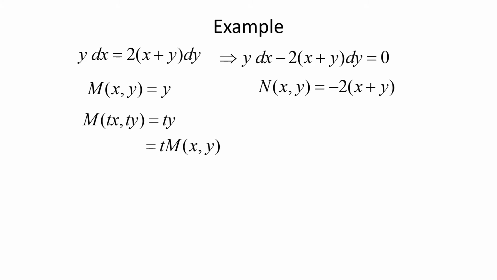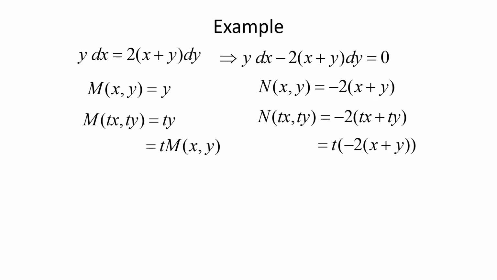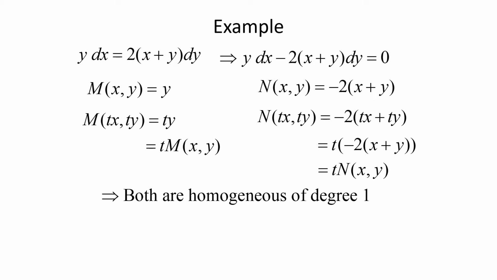And if we evaluate N at tx, ty, we get negative 2 times (tx plus ty). We can factor a t out of that. So this is t times negative 2 times (x plus y). And again, that's going to be t times our original function N. So this shows that N is also homogeneous of degree 1. So since both are homogeneous of degree 1, that means that our overall differential equation will be a homogeneous differential equation.